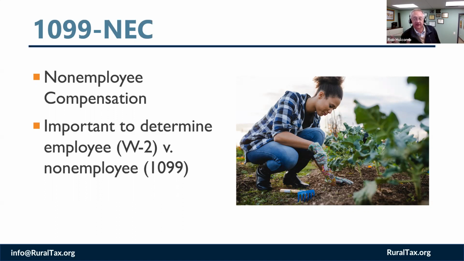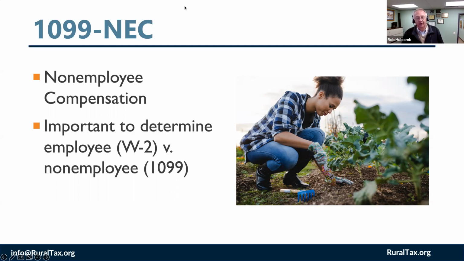What we used to have is a non-employee comp box on the 1099 miscellaneous, and that's where that got reported for years. Now we've got a completely separate 1099 for non-employee compensation.